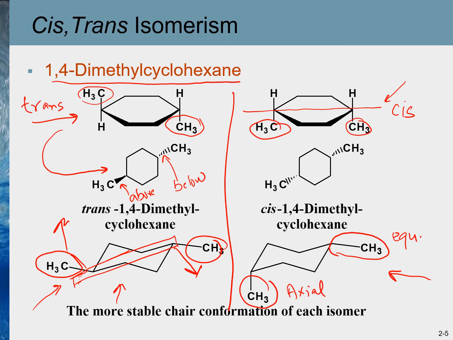And we know that axial position is not stable because of 1,3 steric strain, and therefore that also confirms why the cis isomer is relatively unstable. It's not unstable, but slightly higher in energy as compared to the trans isomer.